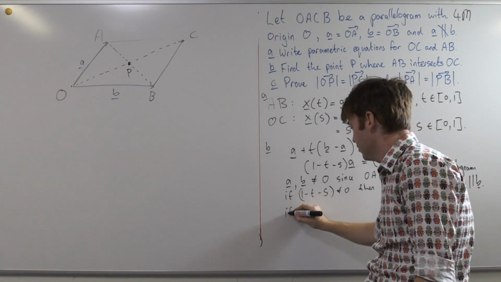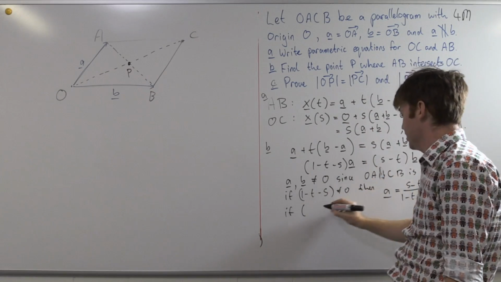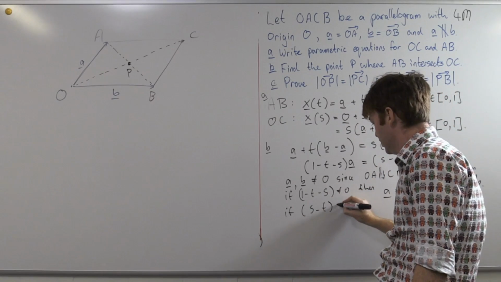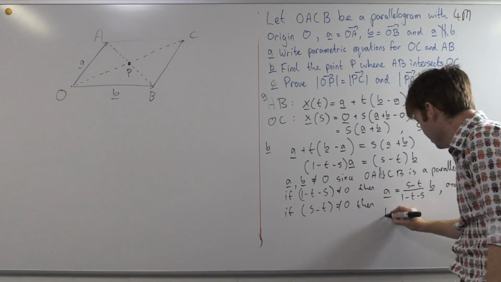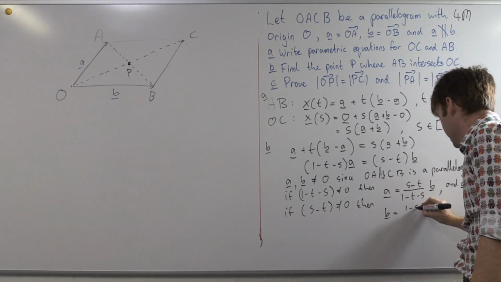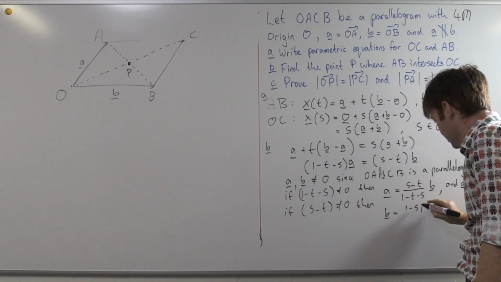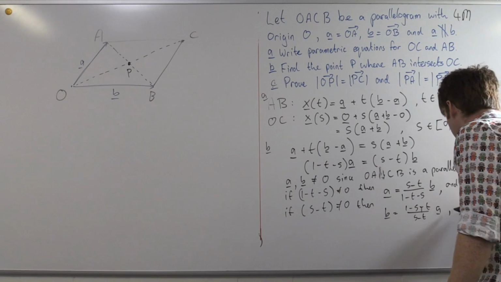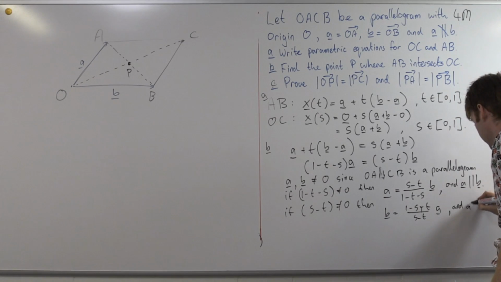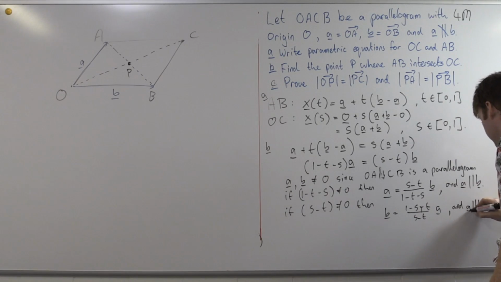Similarly, if S minus T is not equal to 0, then B is equal to 1 minus S minus T divided by S minus T times A, and A is also parallel to B.